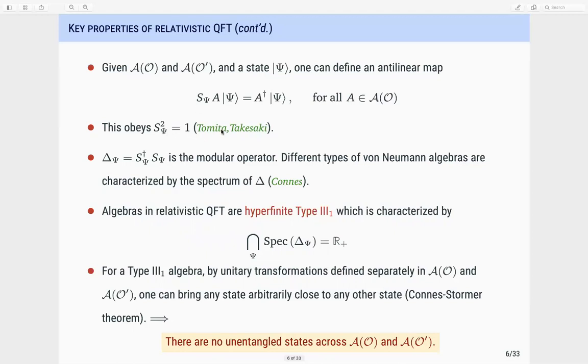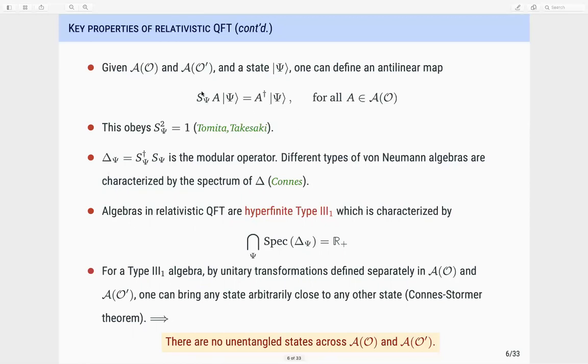And in terms of this operator, we can define S dagger S to be Δ. That's the modular operator. What I'm saying is that this S operator, while it's an anti-linear operator turning A to A dagger, is not unimodular. It changes the norm. Aψ and A dagger ψ don't necessarily have the same norm.